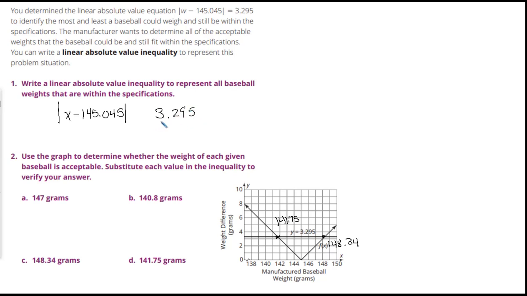Remember, this was our difference and this was our target. Do we want that difference to be more or less than 3.295? We want it to be less, but it could also be equal to it. So we want everything that's less than or equal to it, everything that falls between those two things.